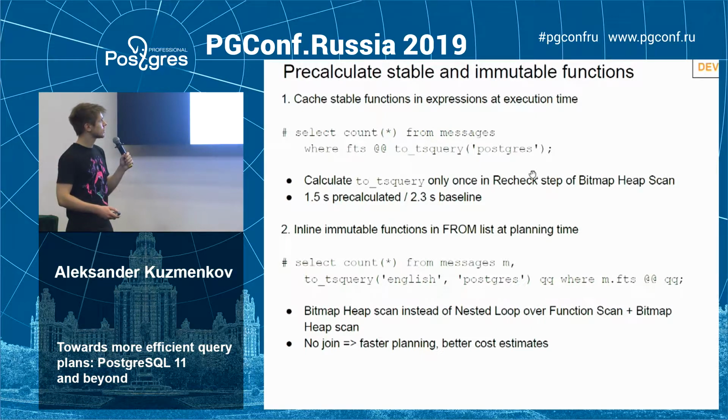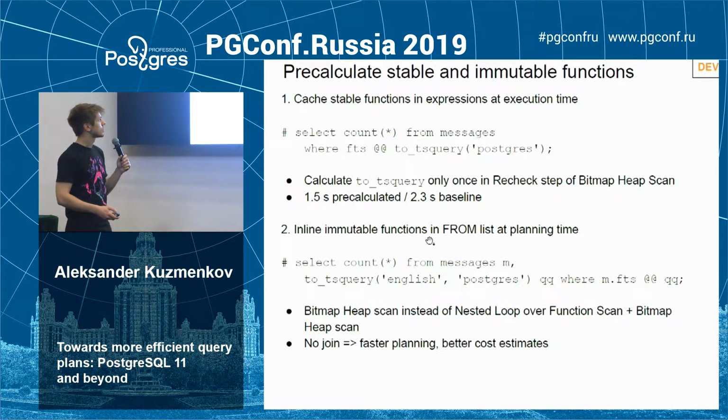And also there will be a recheck because the data can be not very accurate. We have to check the predicate. And at the stage of recheck, Postgres always recalculates the value of this function. And it turns out that if we cache it, we save 25% of our time because we don't have this constant recheck.